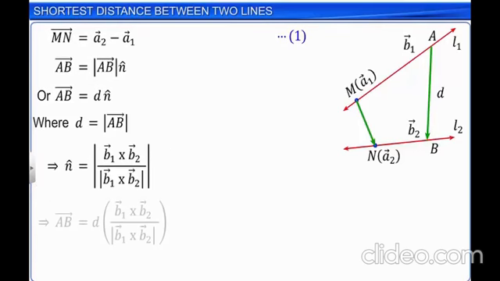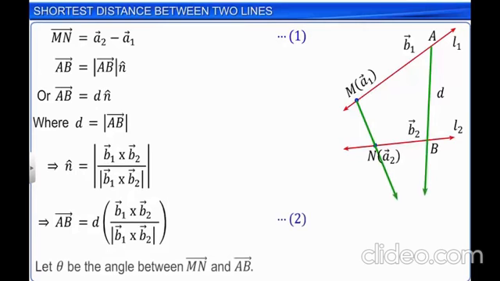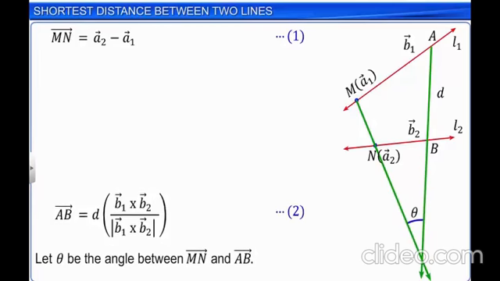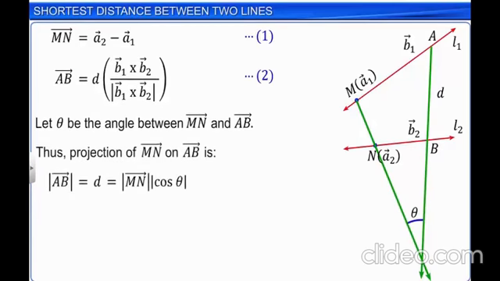Substituting this value of unit vector n in the equation for vector AB, we get equation 2. Let theta be the angle between vectors MN and AB. Thus, the projection of vector MN on the shortest distance vector AB is given by equation 3.